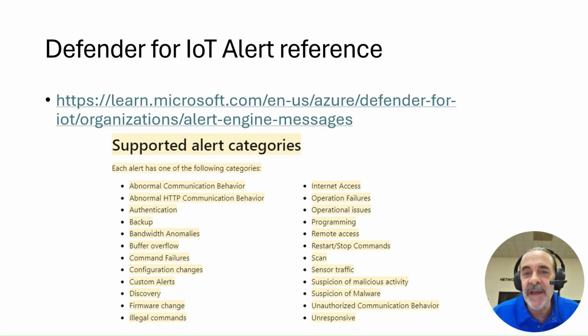If a machine accesses the internet that hasn't before in a certain manner, you'll get an alert. If programming instructions that normally have a certain format are anomalous, or there's evidence of failures or client devices rejecting programming instructions, you'll get alerting of all that.